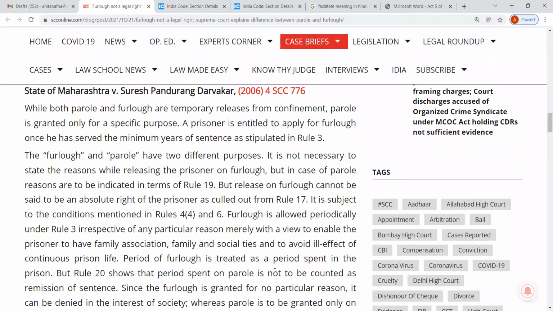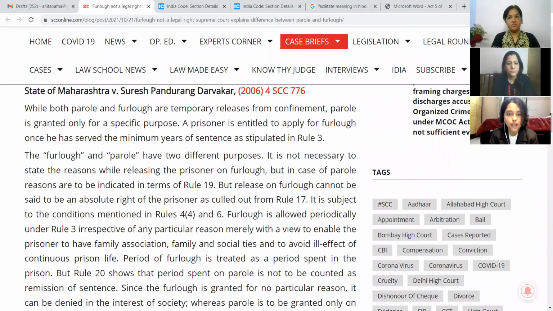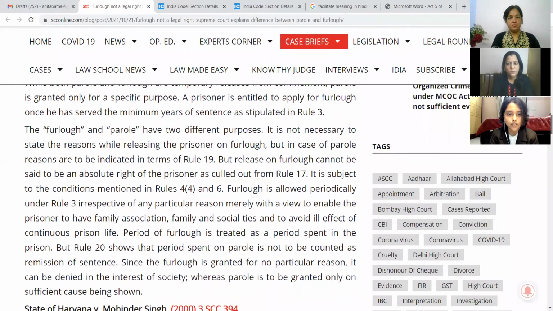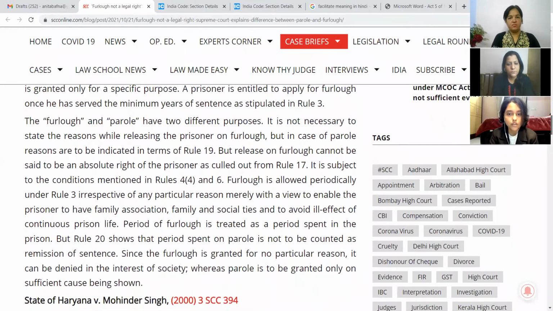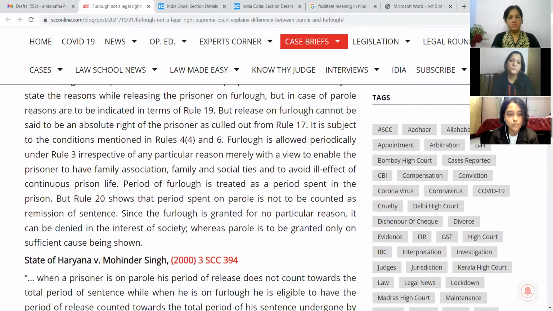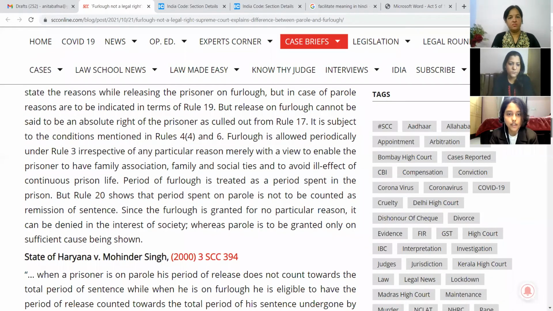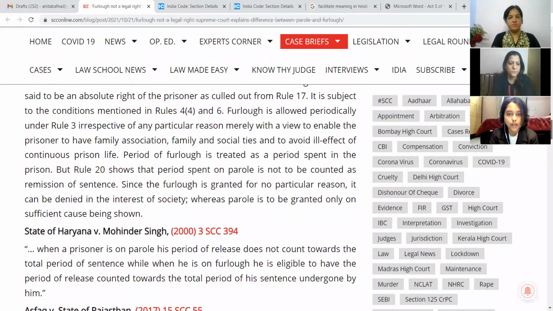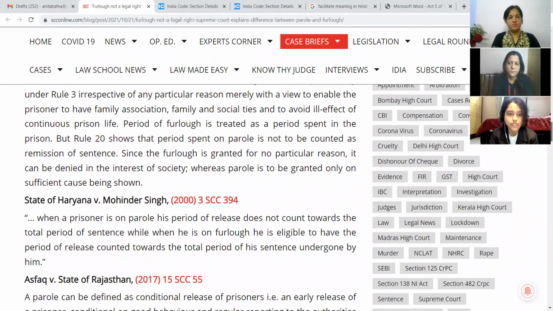But release on furlough can be said to be an absolute right of the prisoner as culled out from Rule 17. It is subject to the conditions mentioned in Rules 4 and 6. Furlough is allowed periodically under Rule 3, irrespective of any particular reason, merely with a view to enable the prisoner to have family association, family and social ties, and to avoid the ill effect of continuous prison life.